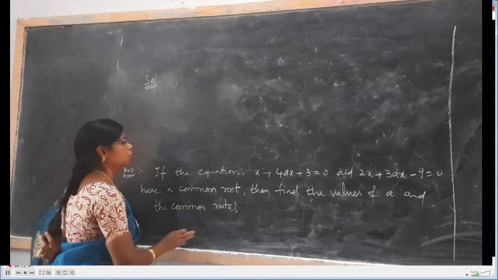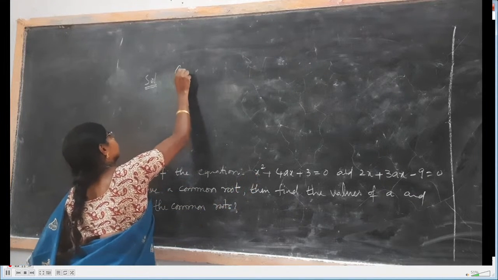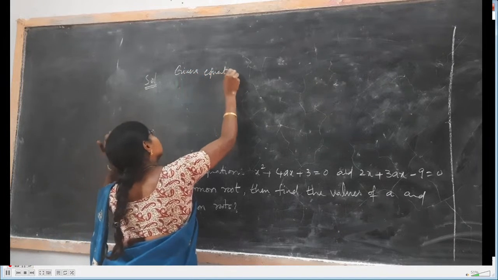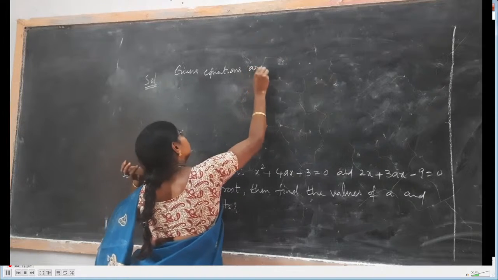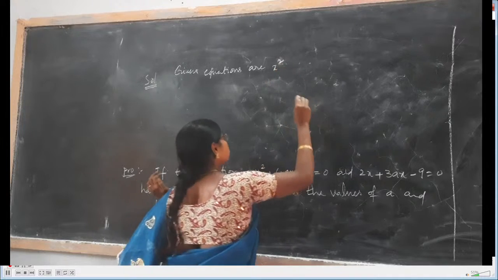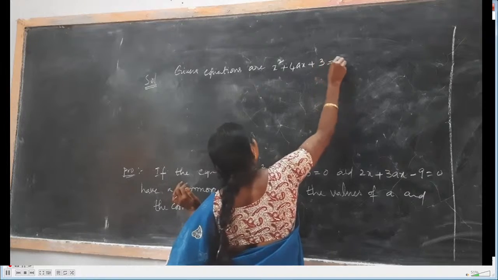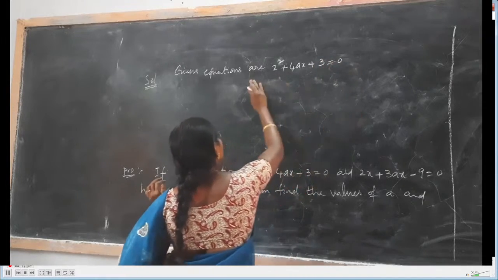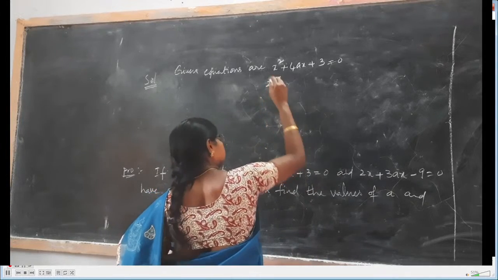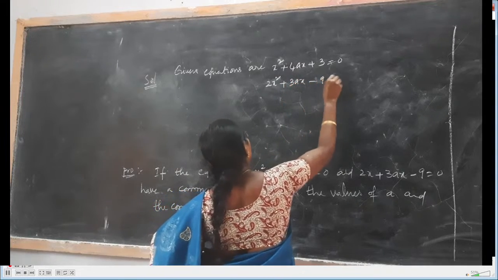Let us see. Given equations are x square plus 4ax plus 3 equal to 0 and 2x square plus 3ax minus 9 equal to 0.